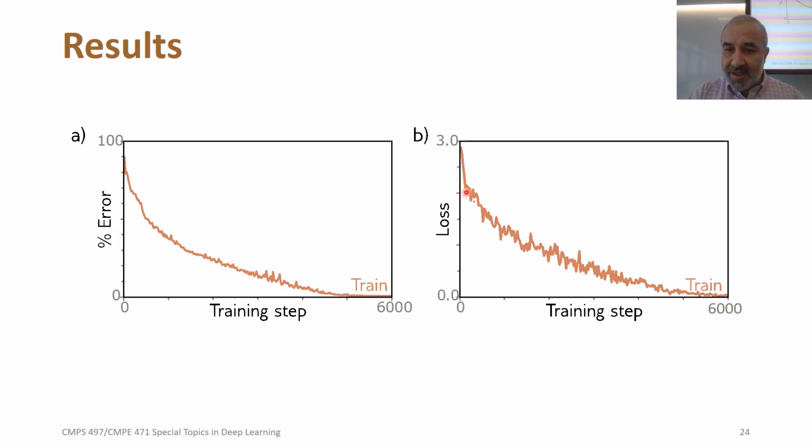We can also see that the loss is decreasing when we train more, and that's also expected. Here we have zero error, but here we don't have zero loss, though we are very close to zero loss. Why is the value of the loss really different from the percentage of error?